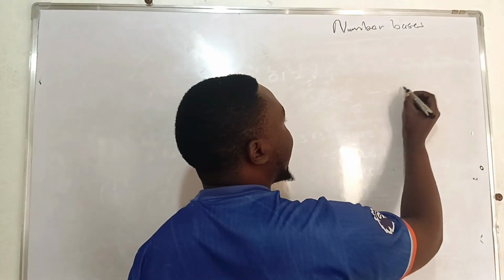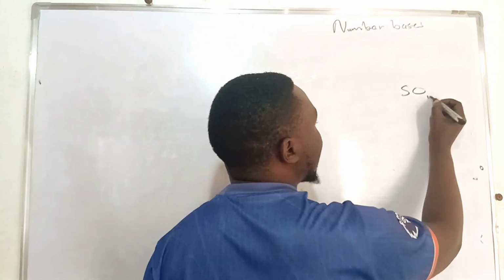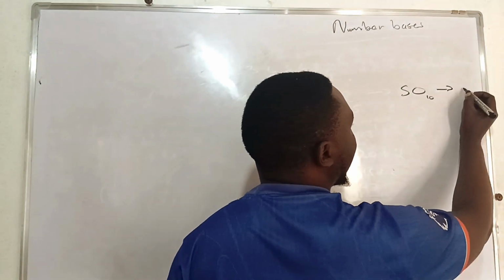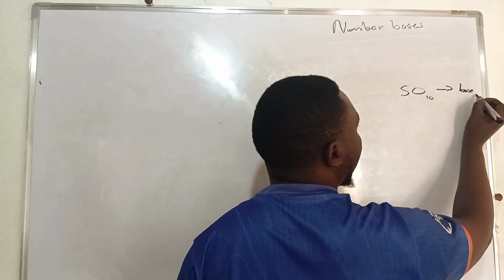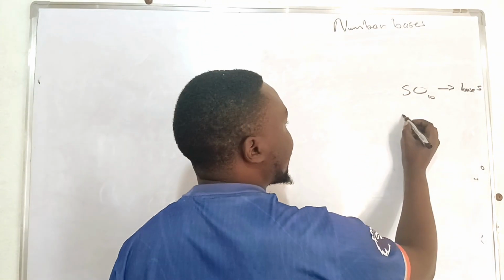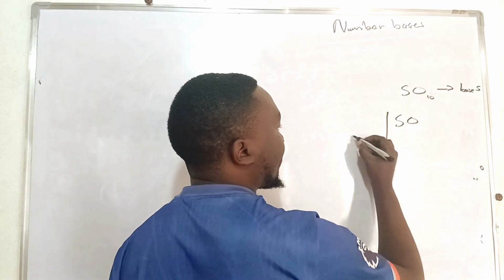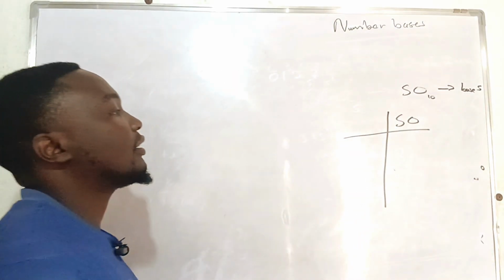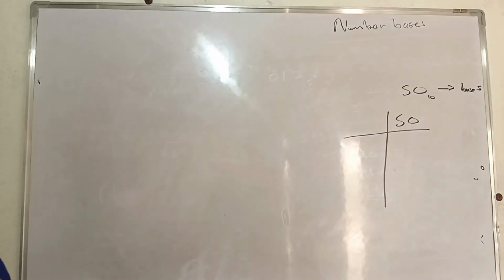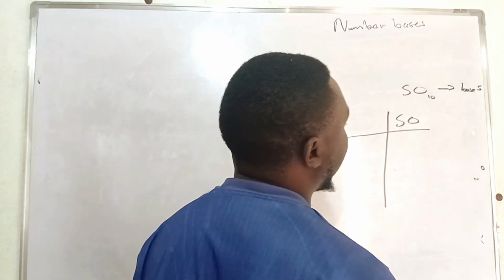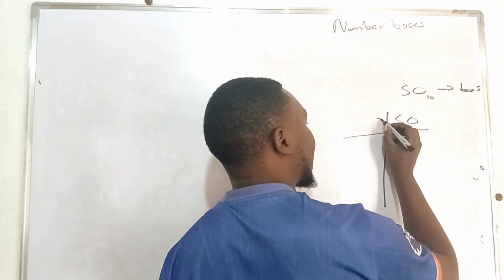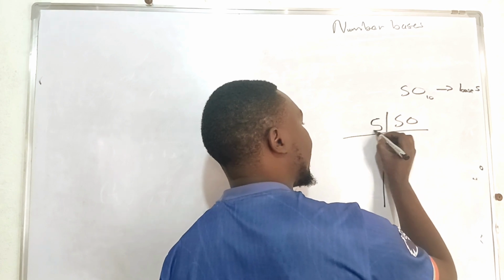For example, if you have the number 50 in base 10 and you need to convert it to base 5, what you do here is you put your 50 here, then you divide by the base. You divide by 5.